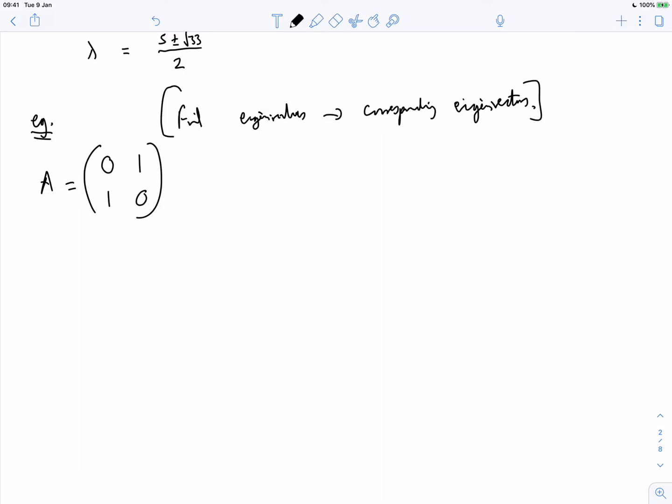So my job is to find the eigenvalues and their corresponding eigenvectors. Let's repeat what we've just done. I want to find the determinant of A with lambda subtracted from the diagonals, and set this equal to 0. This will be quite easy. This is lambda squared plus 1, isn't it?